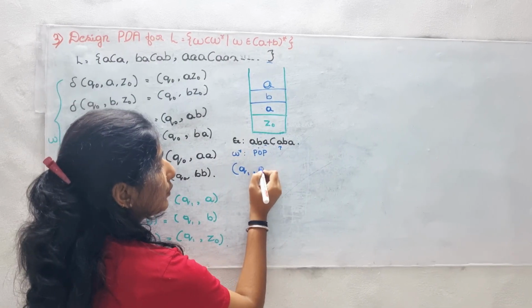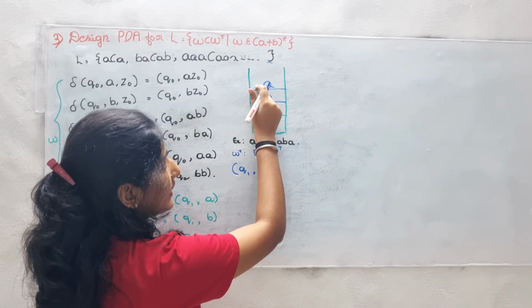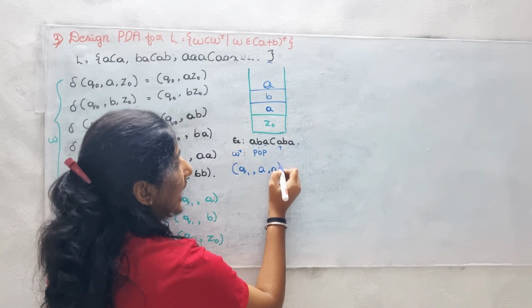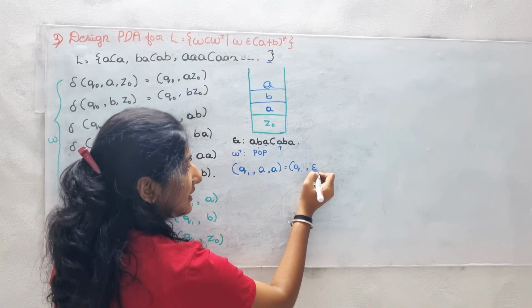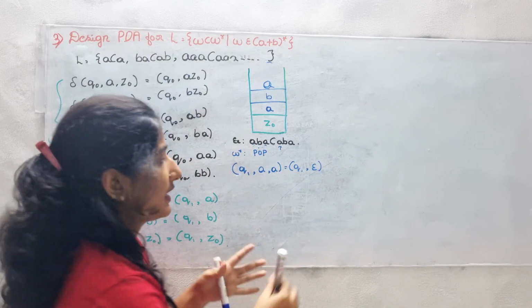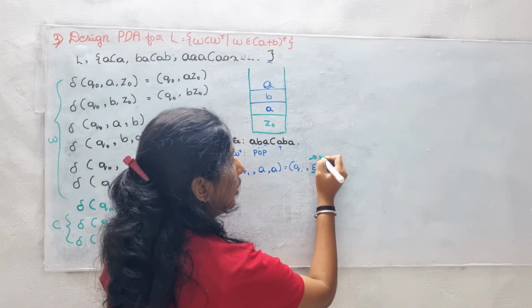So when I get the input symbol A and the top of the stack is A, I have to pop the element from the stack. So pop is represented with this epsilon.